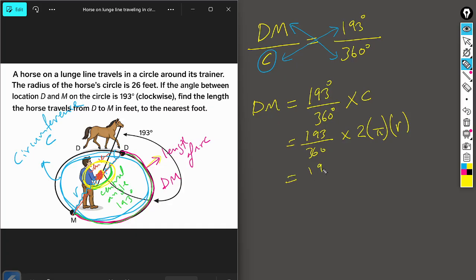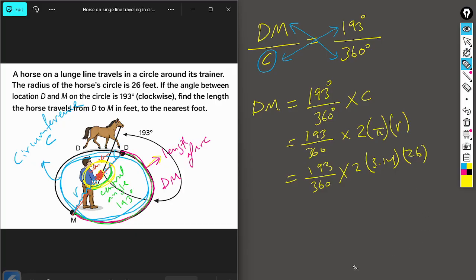We know that this is 193 over 360 times 2. Pi is 3.14, and the radius is from the question, which is 26.